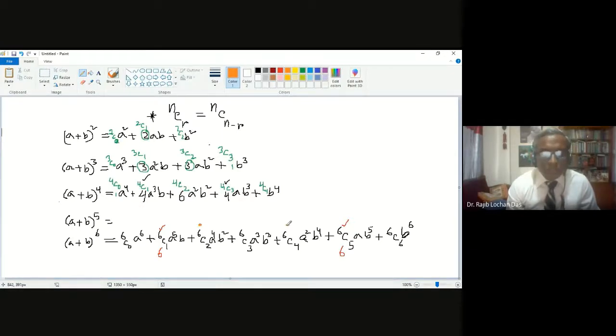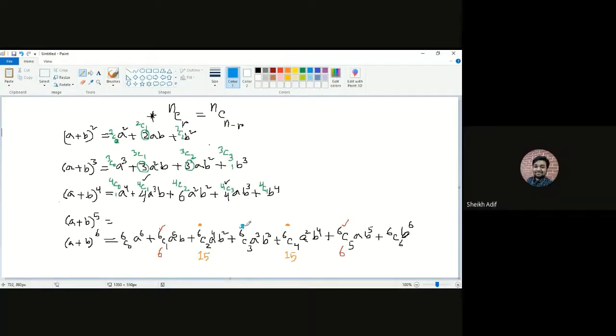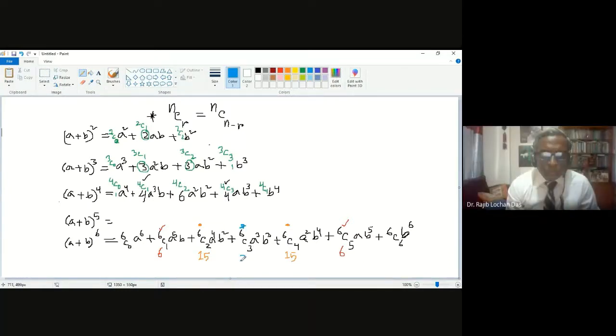Same number, 15. So 6C2 is 15, and 6C4 is again 15. And what about 6C3? It is 20.